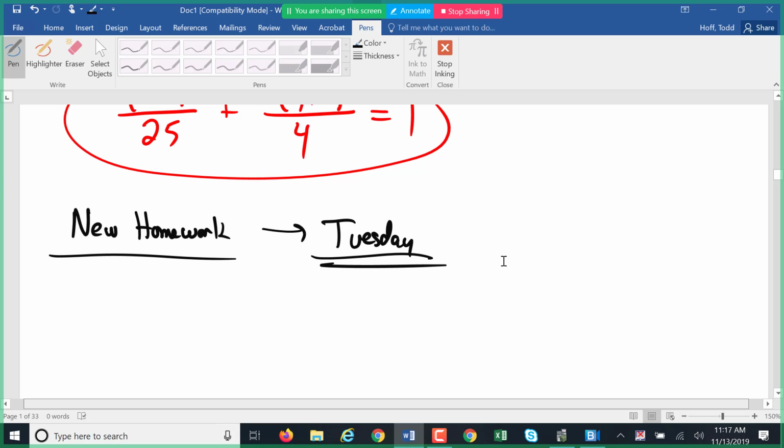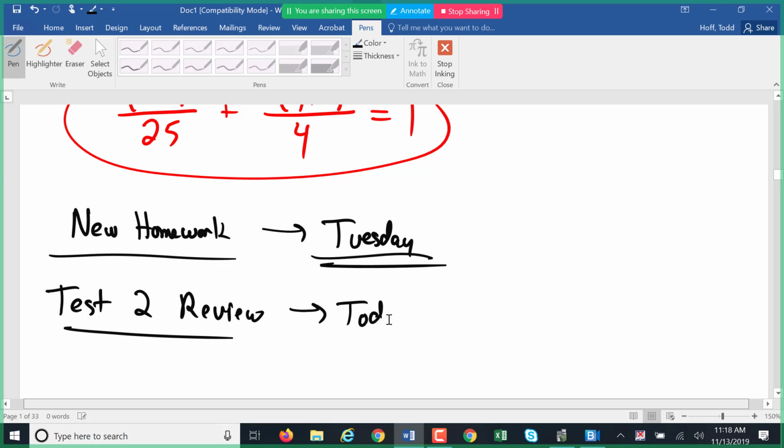There is no quiz due this Friday because of the test. Also, remember, if you wanted to do it for extra credit, the test 2 review in my math lab has to be finished by the end of the day today for extra credit. So you can still finish that up if you haven't quite done it yet.